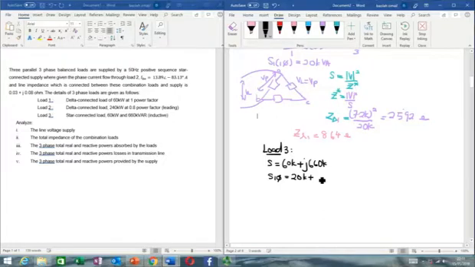To get the 1 phase value, you have to divide by 3 again. Then convert this to polar form to get the magnitude of the apparent power.